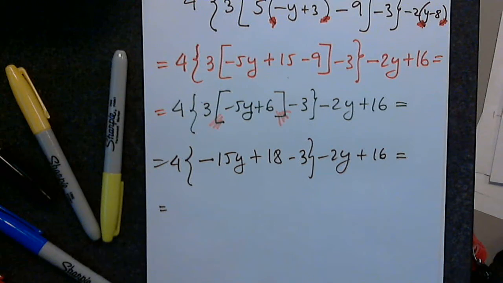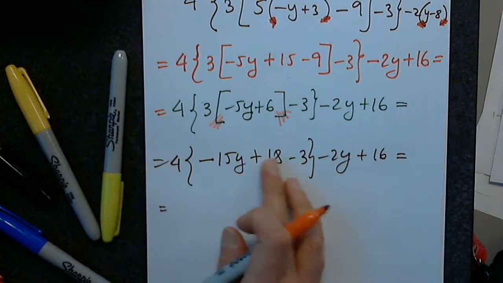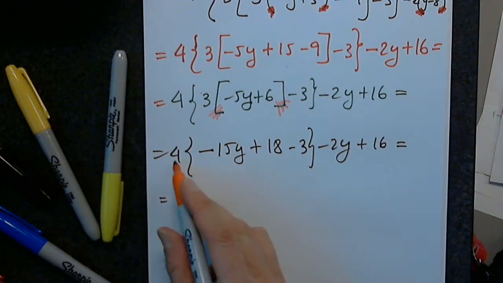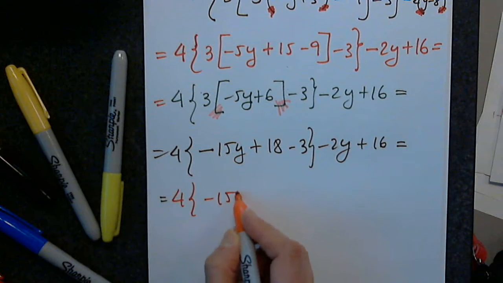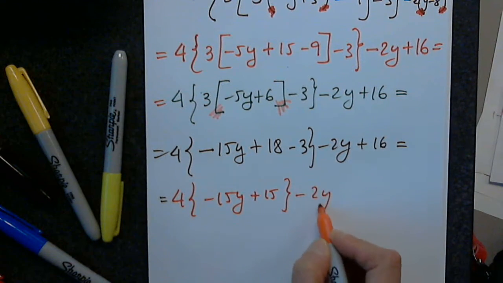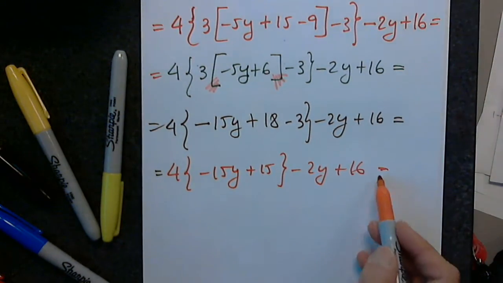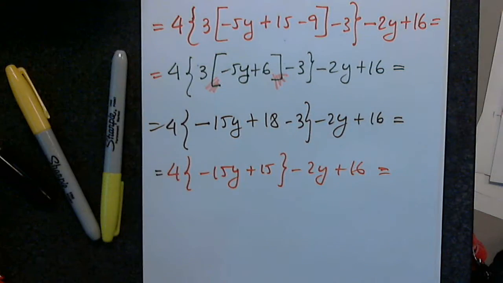Mm-hmm. Okay. So now my target is to eliminate this. Not yet, because I can perform some operations here first. Copy, copy, copy, 15, copy, copy, copy. Now I want to eliminate this.